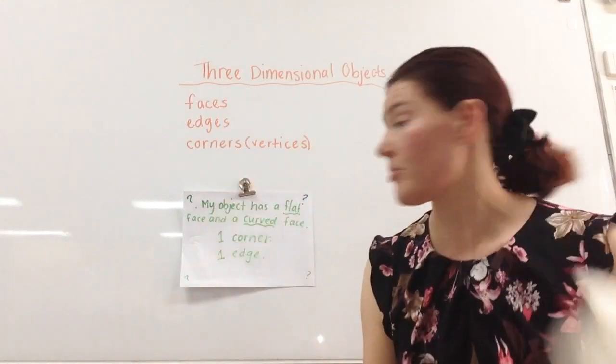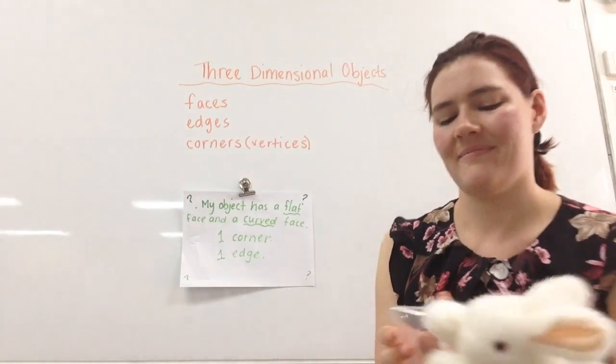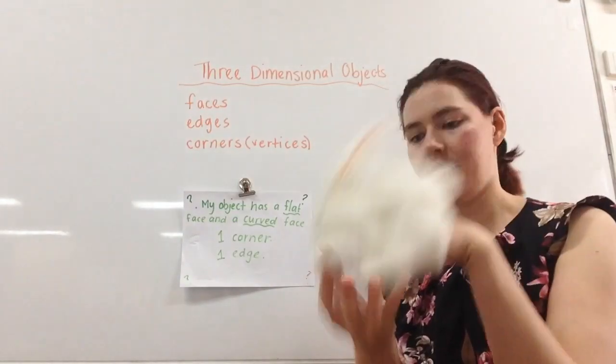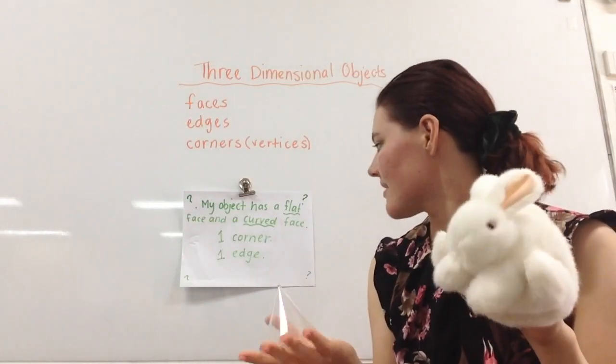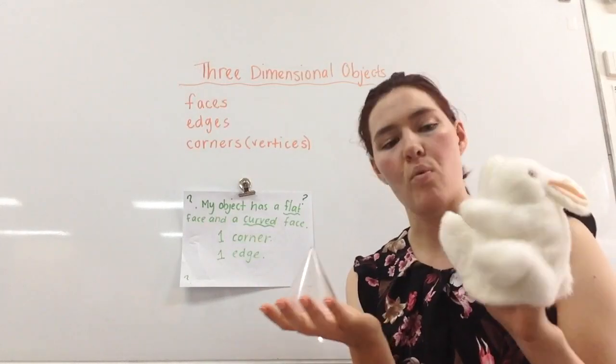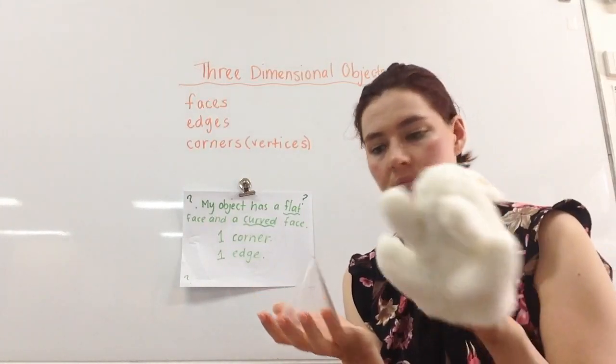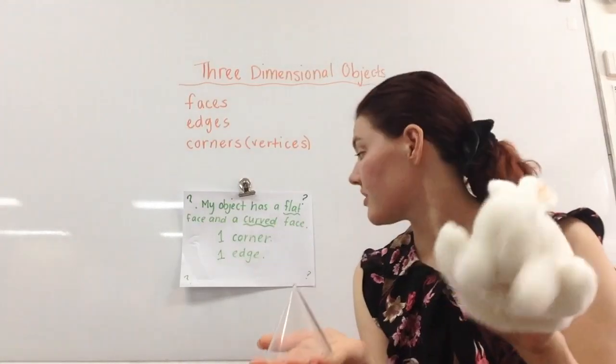I think I might get both Bunny and Teddy to find this one. Can you see it, Bunny? Let's have a look. It has 1 corner on it. Good job, Bunny, you found it.